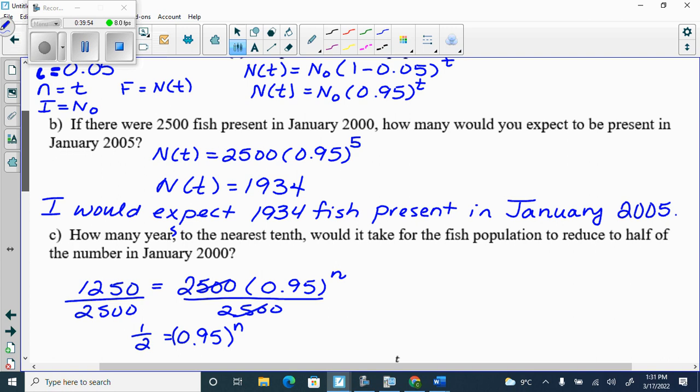And it wants to the nearest tenth, so 1 decimal place. So N equals 13.5 years.